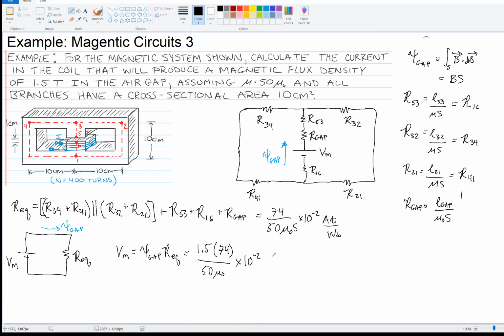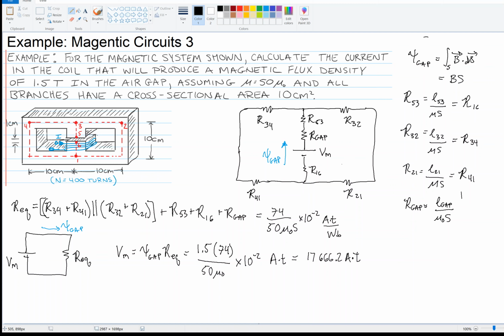Okay, and then that's in amp turns, right? Amp turns is the unit for magnetic potential, and so that comes out to be 17,666.2 amp turns. So I want to know how much current, and I've got the number of turns as 400.